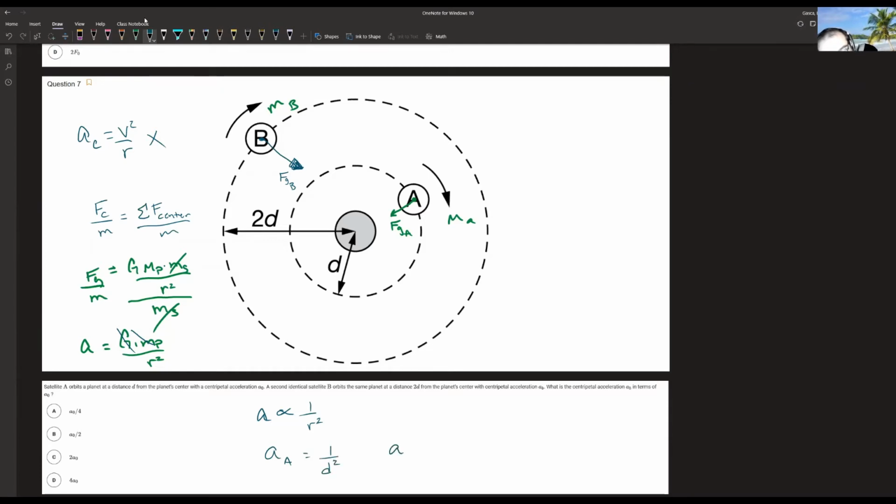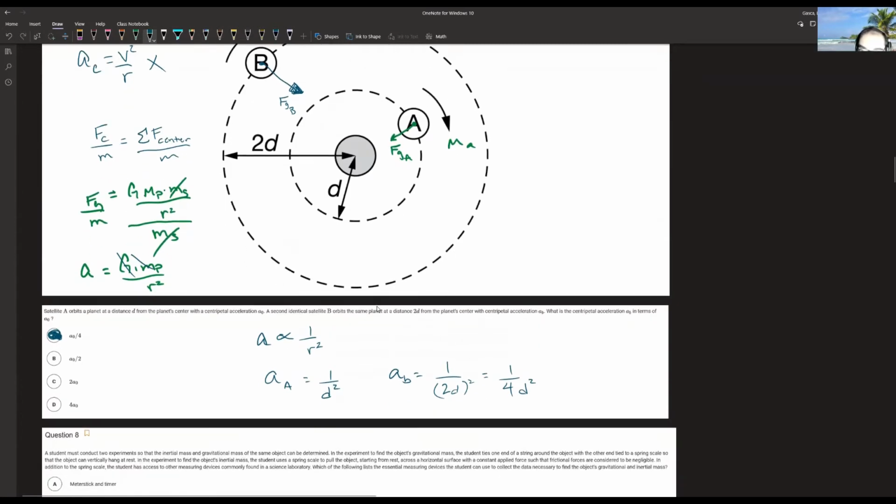The acceleration of B will be 1 over 2d quantity squared. So that becomes 1 over 4d squared. So it's going to be 1/4 the centripetal acceleration of the first guy. So A is our best answer choice. Any questions over this?